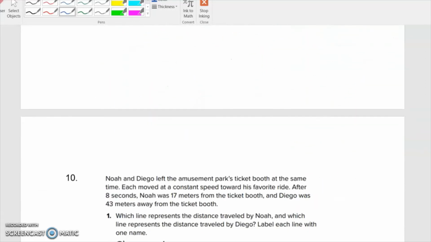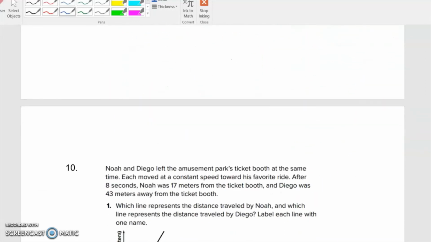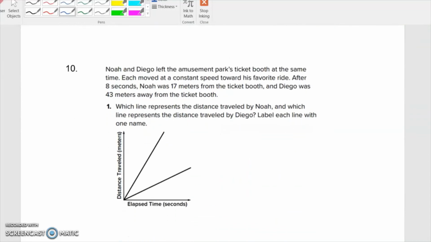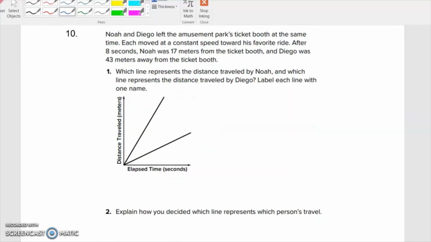Moving on to number 10. Says Noah and Diego left the amusement park's ticket booth at the same time. Each moved at a constant speed towards his favorite ride. After 8 seconds, Noah was 17 meters from the ticket booth, and Diego was 43 meters away from the ticket booth.